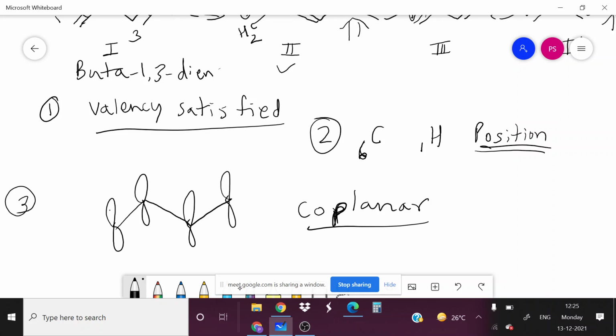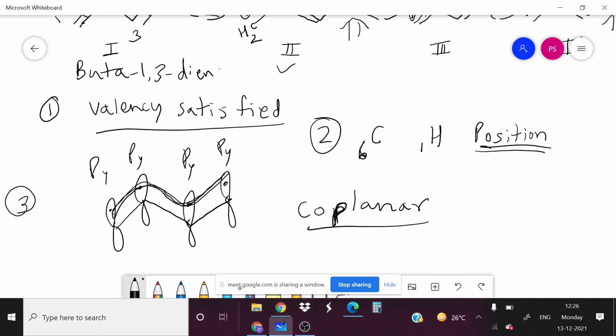Now you can see here these two electrons form one pi bond, these two electrons form one pi bond. But they can delocalize. Why? Because they are coplanar. You can see first py and second py are parallel to each other, second py and third py are parallel to each other, third and fourth are parallel to each other. In fact all these p orbitals are parallel to each other.